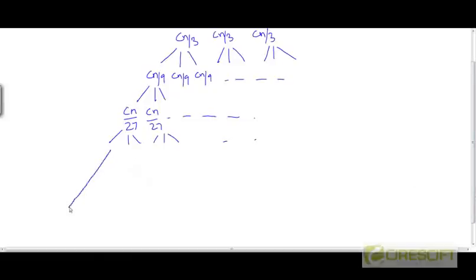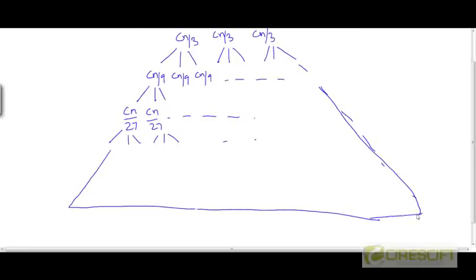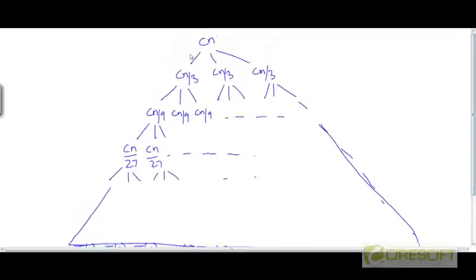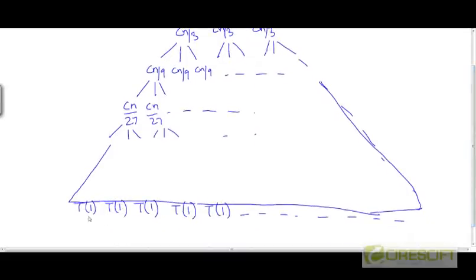So this is going to continue until we hit the bottom, and we'll hit the bottom when all the nodes that we have are T(1). Note that the subproblems are decreasing at the same rate along all the paths in this tree. So we will hit T(1) everywhere uniformly.